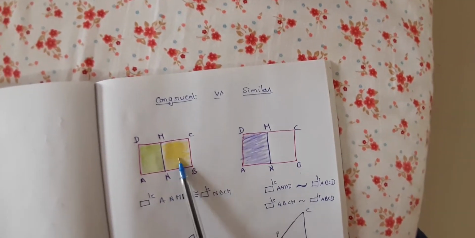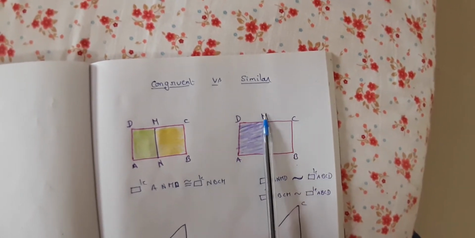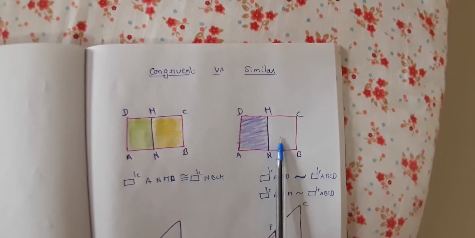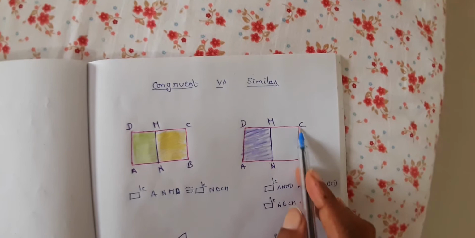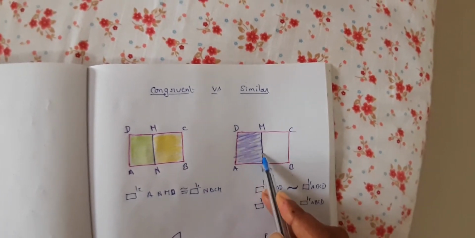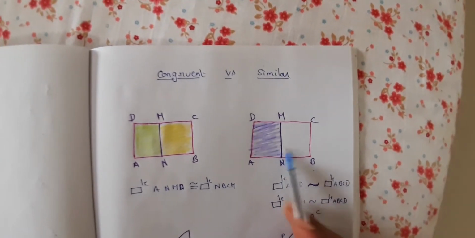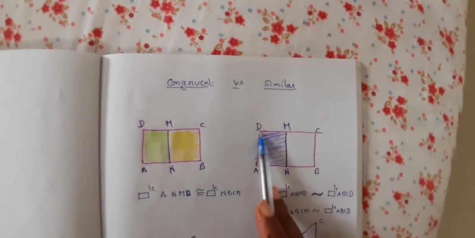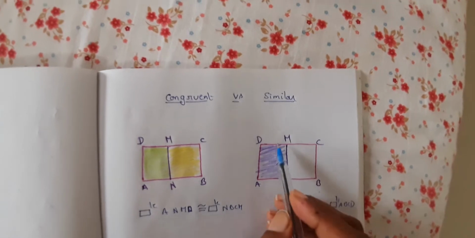Okay. When it comes to similar, take the same rectangle and draw a line exactly at the midway, dividing the rectangle into two halves. So one half is similar to the complete rectangle. The condition is that the line you are drawing must be parallel to this side. If that is satisfied, whatever the smaller part, and it is not necessarily at the midway, you can also draw it here.